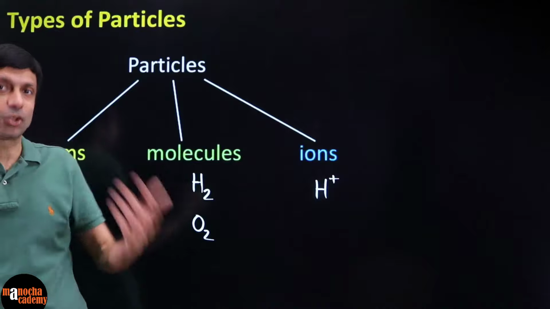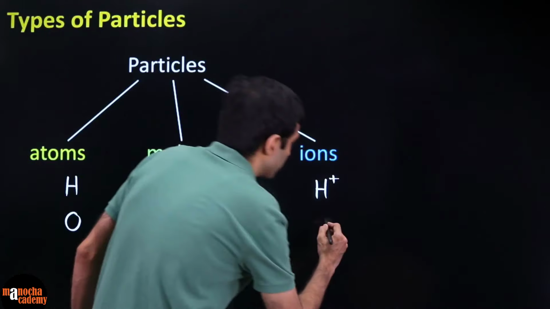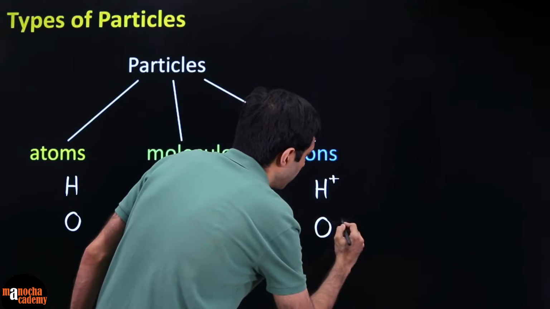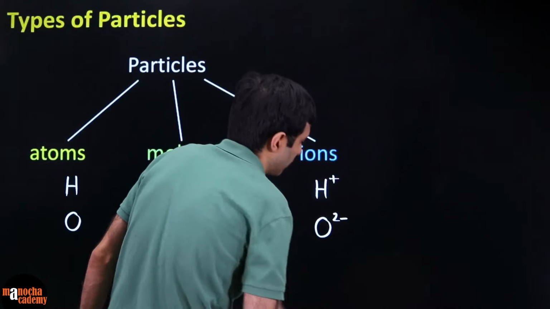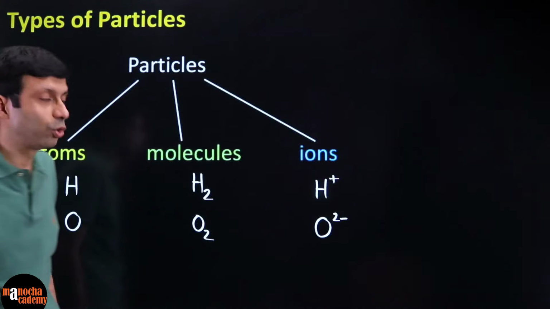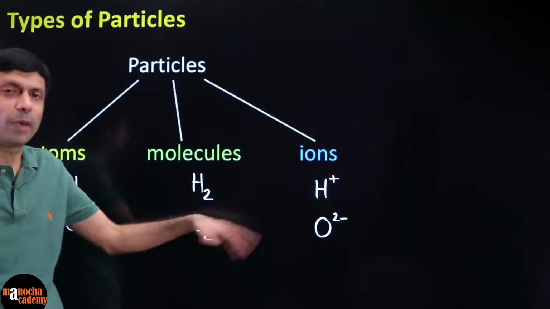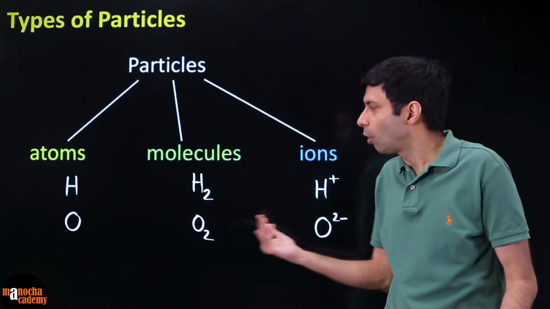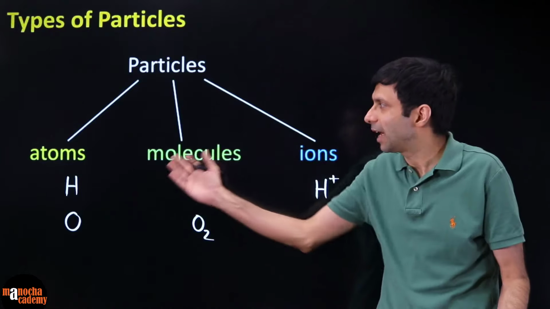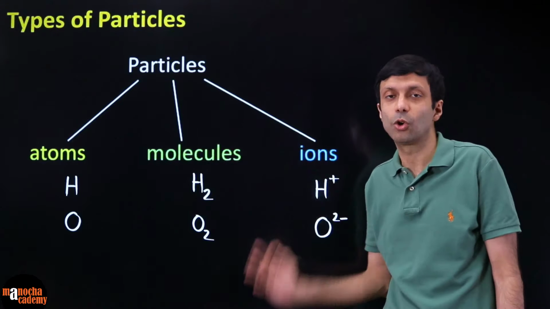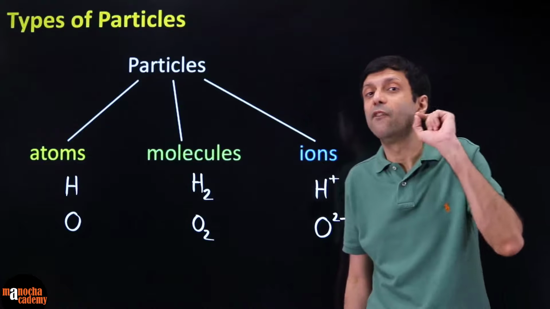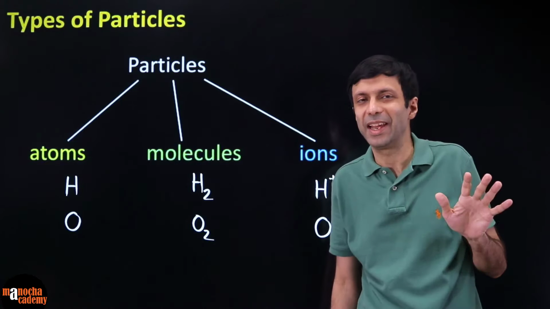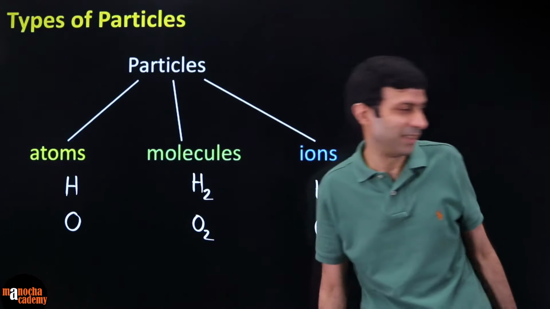The oxygen ion is negatively charged. So we represent it as O minus, but it has a charge of 2 minus. So I'm going to write O2 minus. Why 2 minus? All these details you will learn. So this is an overview of different types of particles, atoms, molecules, ions, that you're going to be encountering, and they are very, very small, cannot be seen with the naked eye or with the microscope.